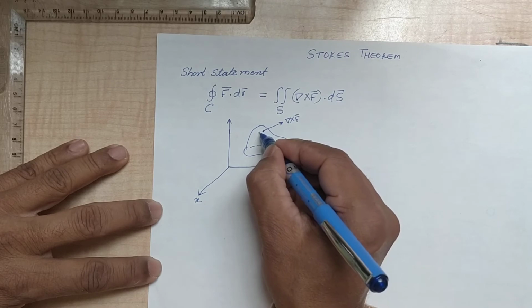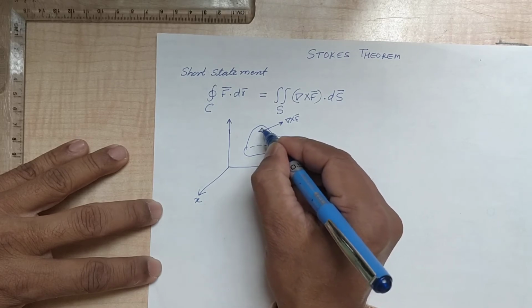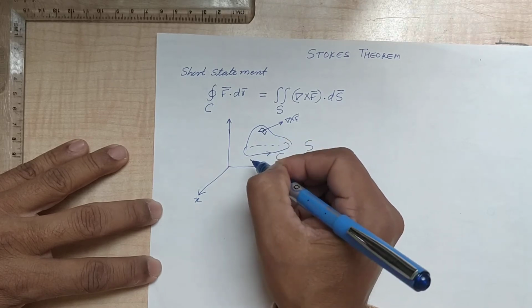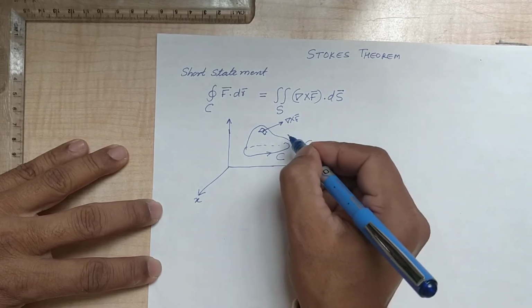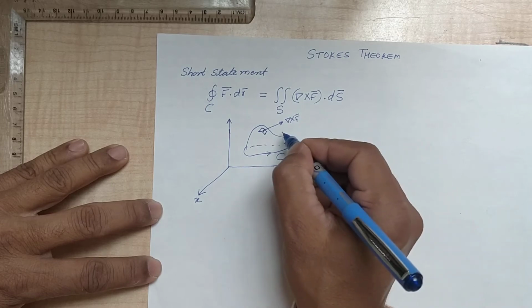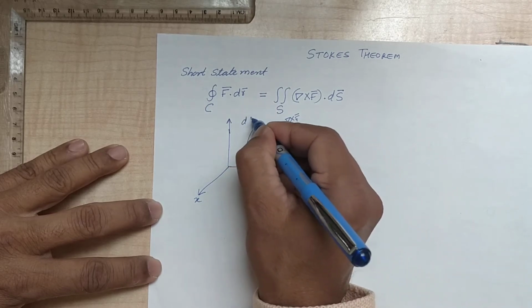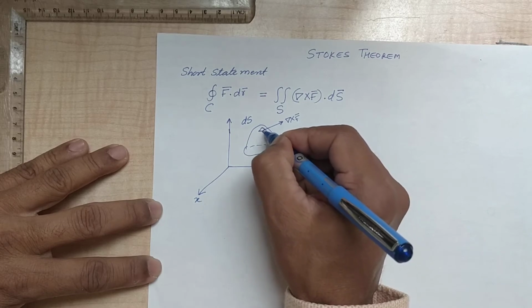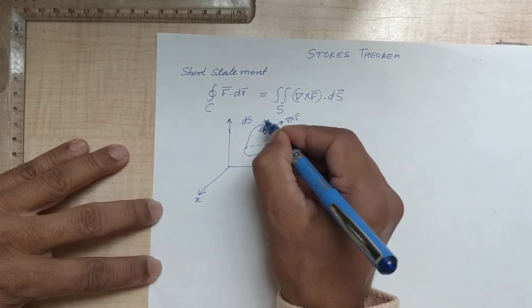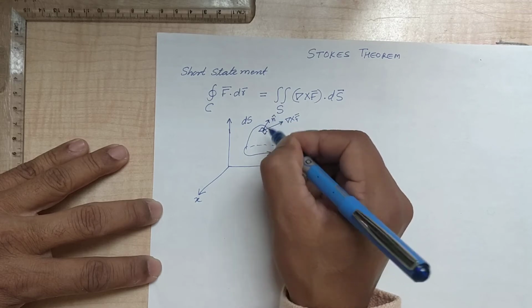Let us look at an infinitesimal patch at this particular point. This patch has a certain area. The magnitude of the area is ds, and it has a direction. The direction is that of the normal to the surface. Let us say this is the direction of the normal to the surface, n cap.